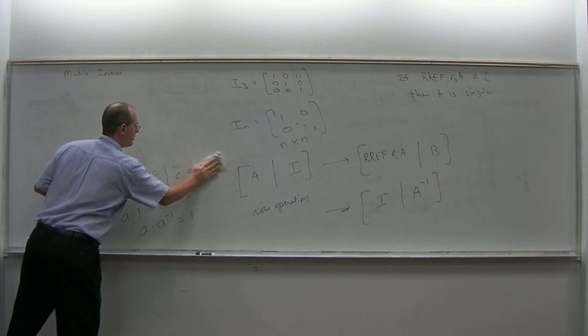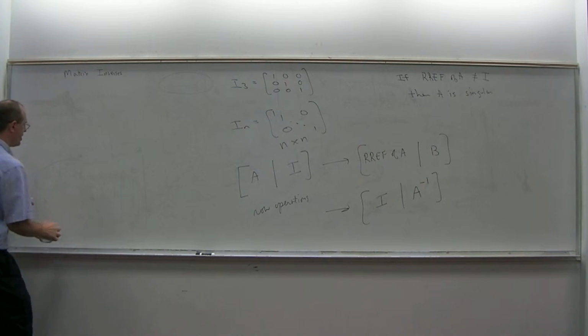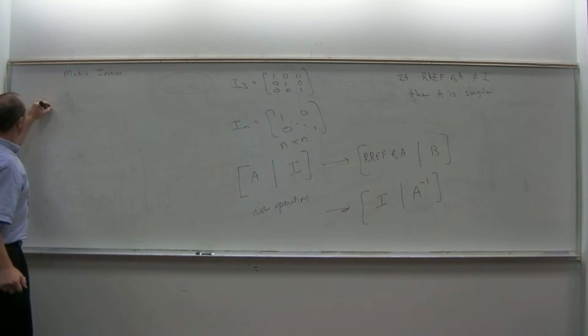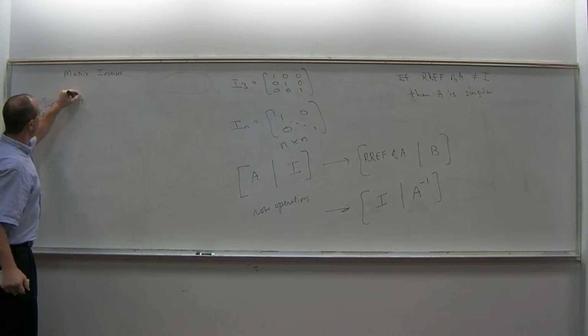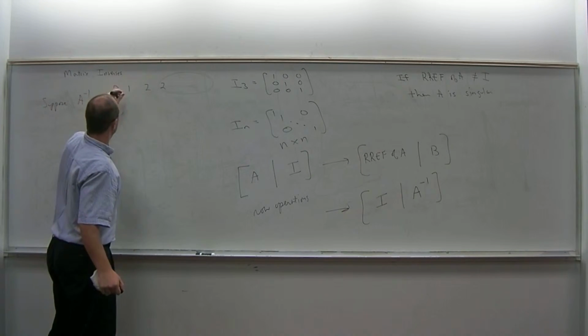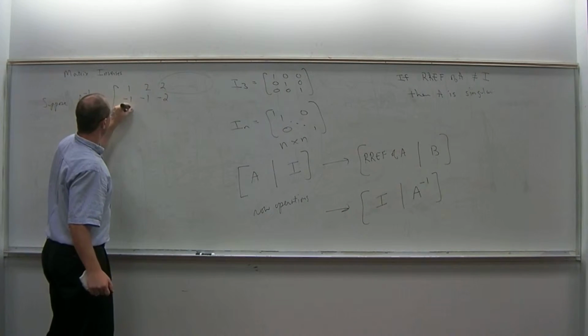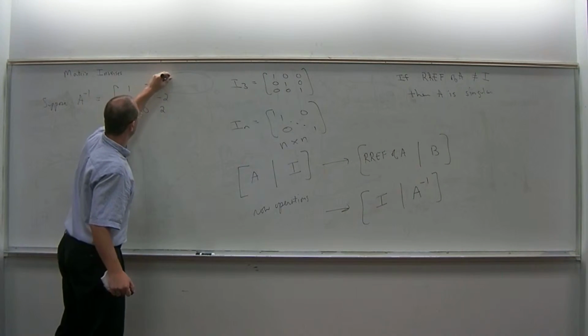So here's the problem that we have, and I'll throw a small twist in there. Suppose that A inverse is equal to 1, 2, 2, negative 1, negative 1, negative 2, 0, 0, 2.